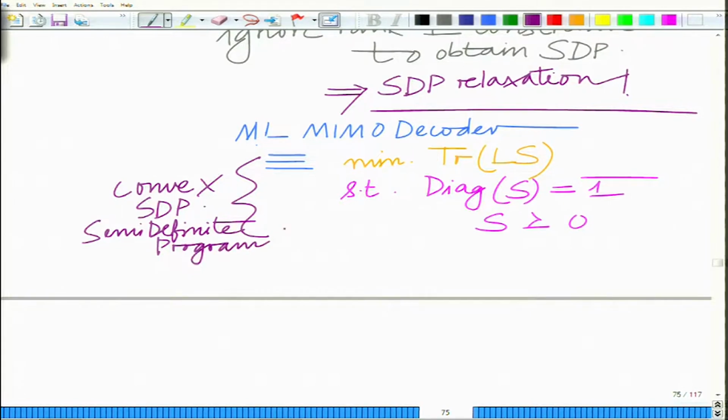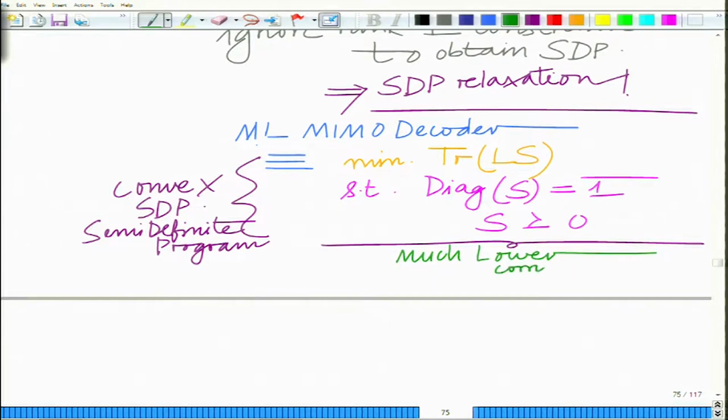Now while the original problem is exponential, this problem has much lower complexity, and therefore it is very suitable for practical implementation.